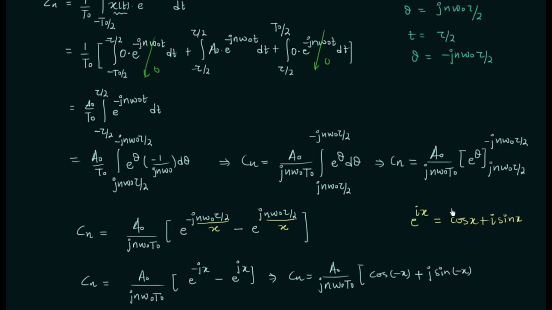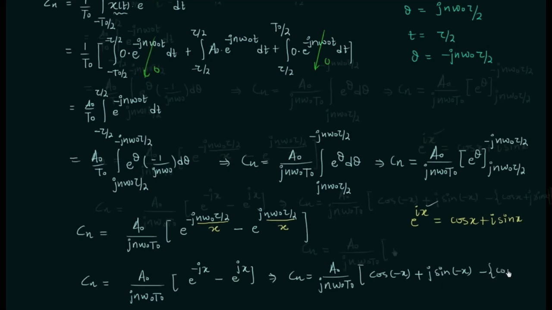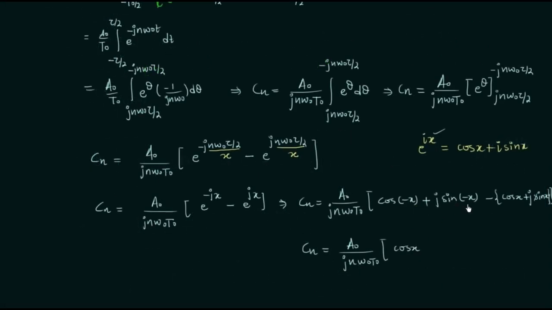So in place of x we have minus x, so we have cos minus x plus j sin minus x, minus e raised to power jx, which is equal to cos x plus j sin x inside the bracket. Cos minus x is cos x, and sin minus x is equal to minus sin x, so we have minus j sin x. After this we have minus cos x minus j sin x.